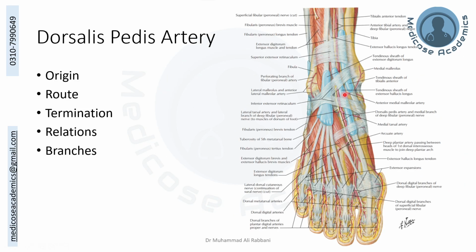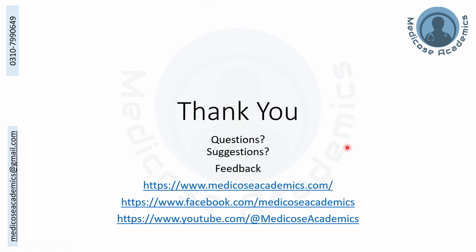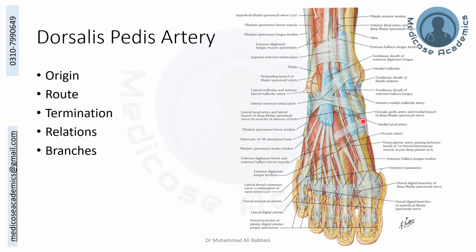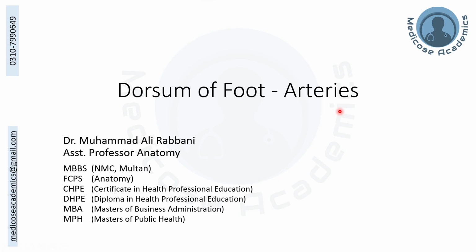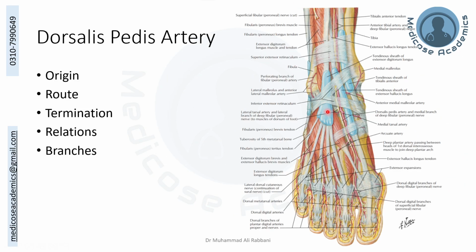Superficially, the retinaculum and the extensor hallucis longus tendon, deep the bones. Medially there is extensor hallucis longus, laterally throughout the length there is the deep peroneal nerve and its medial branch, and then the muscles are extensor digitorum longus and extensor hallucis brevis. So these are the structures related to the dorsalis pedis artery.